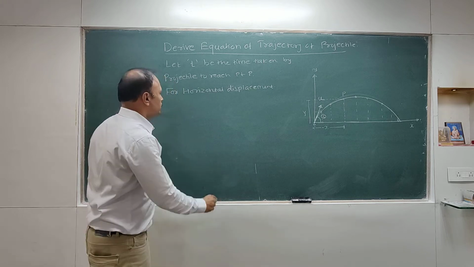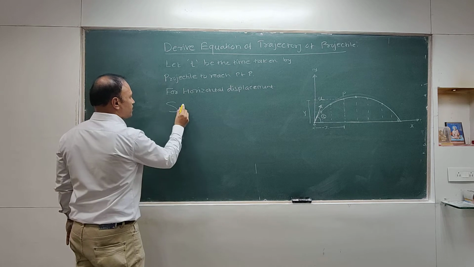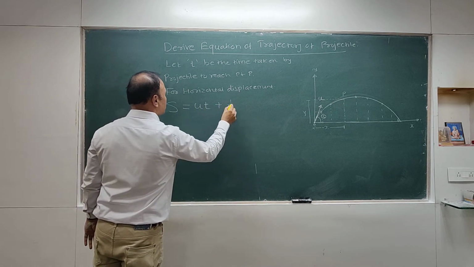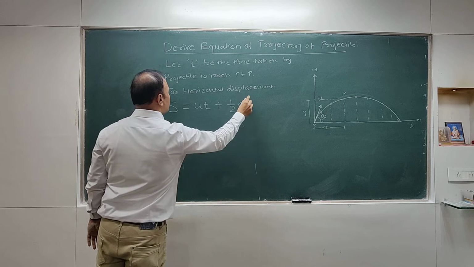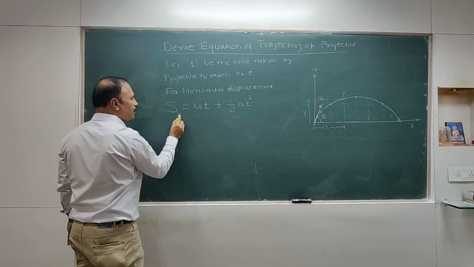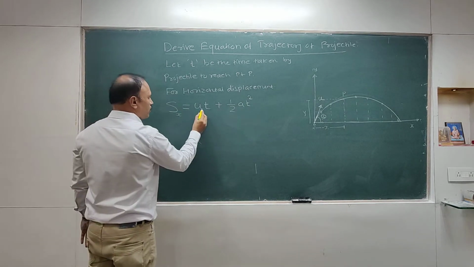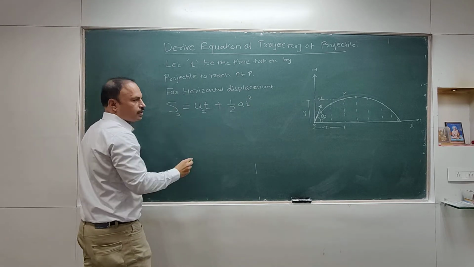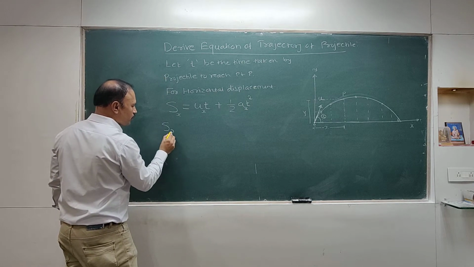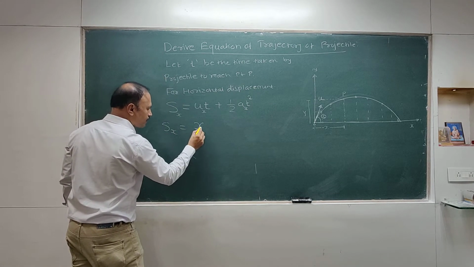Second. S is equal to ut plus half at square. But for horizontal we will write Sx equals ux t plus half ax t square. Shall I say Sx is x?